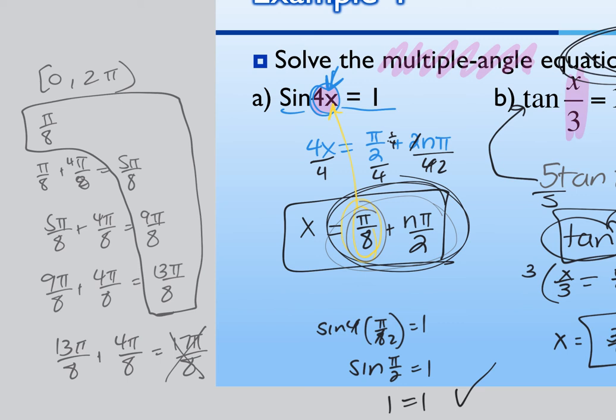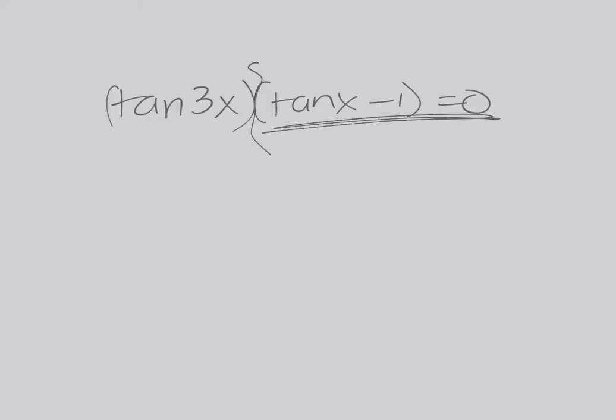Yeah, well, let me go back to the warm-up last. The last one on the warm-up, we did this side of it. But this would now be equal to 0. This was 1 from the warm-up. We just didn't do the left side because it had 3x, so it's a multiple angle.